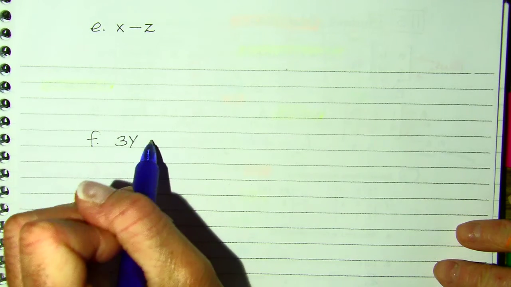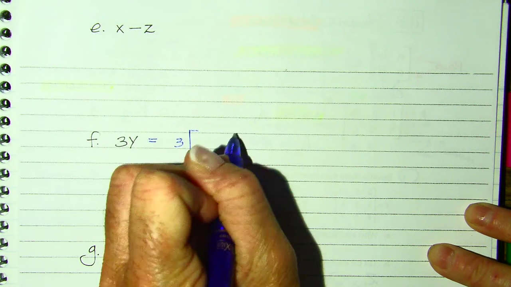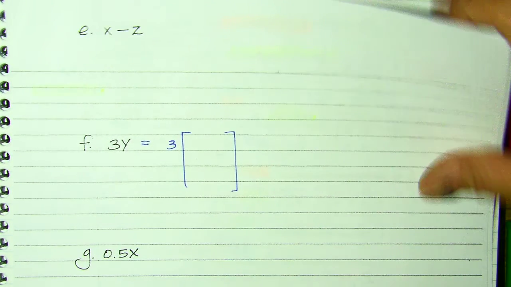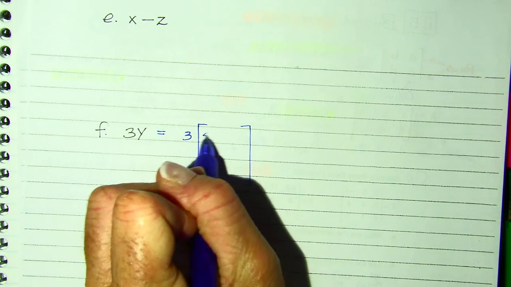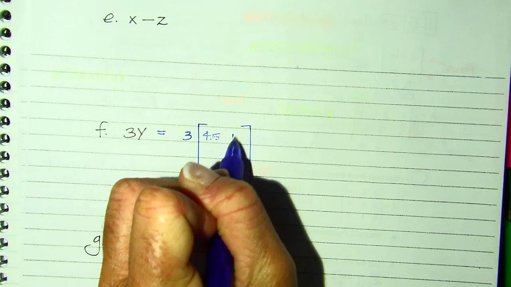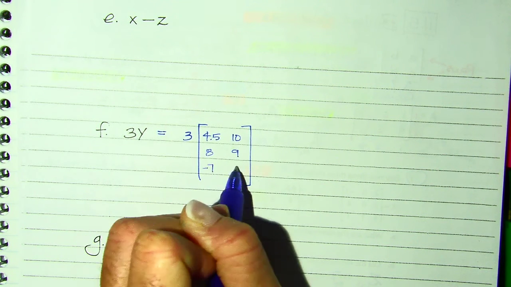3Y simply means I'm going to multiply 3 by the whole matrix Y. That easy. And matrix Y is 4.5, 10, 8, 9, negative 7, and 3.